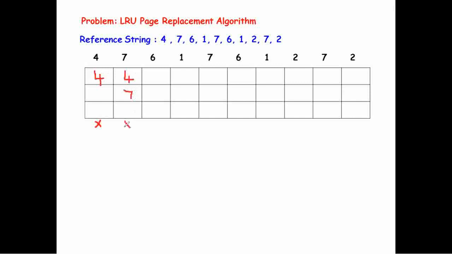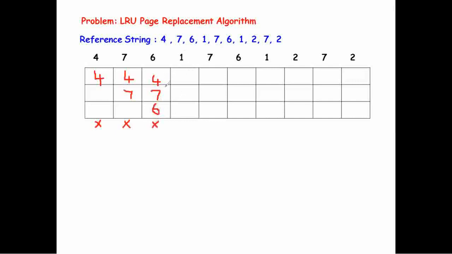6 will be referred. 6 is not available in the main memory. So here also a page fault will occur. Now 6 will be placed in the third empty frame. When 1 is referred, 1 is not available. So a page fault occurs.